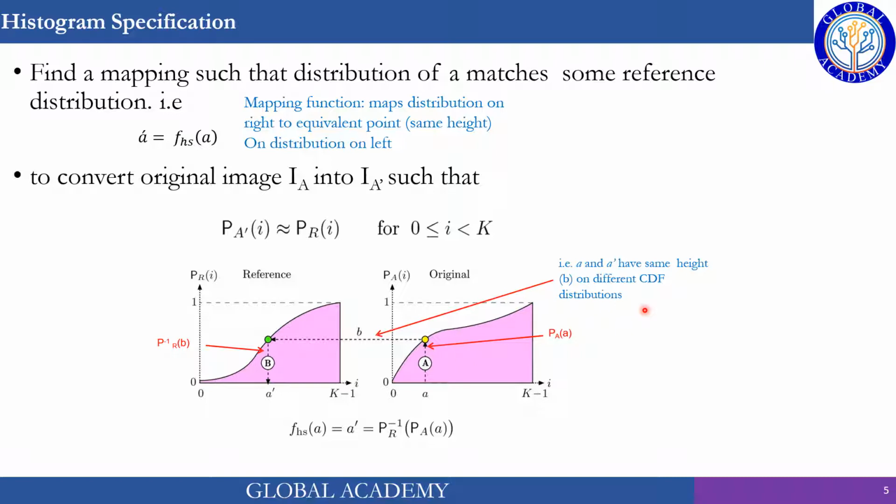So we can compute the cumulative distribution like this one of an image, which is just like a lookup table in a programming language. But for specification we need some arbitrary histogram which can be used as a reference or target histogram, like this one. This is the reference histogram and this is the original histogram or cumulative distribution of the original image which we want to change or transform.